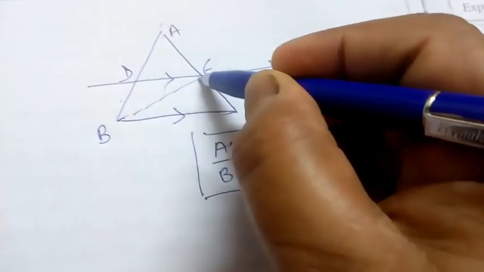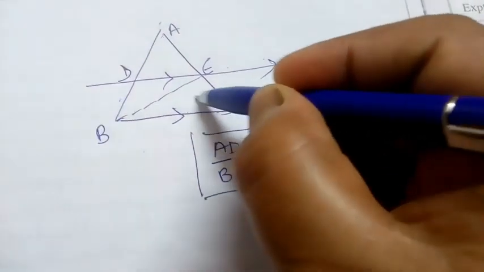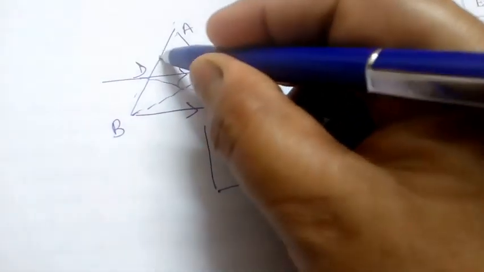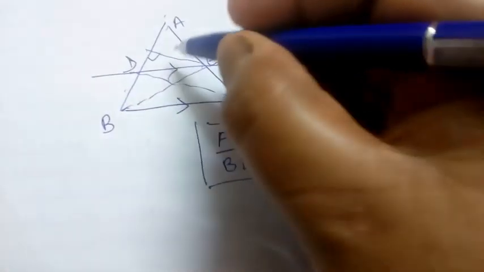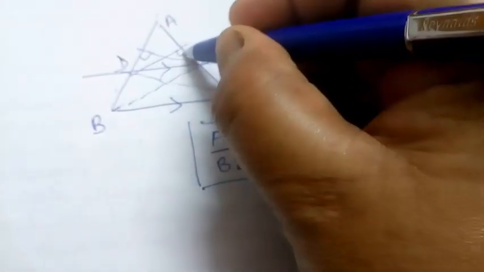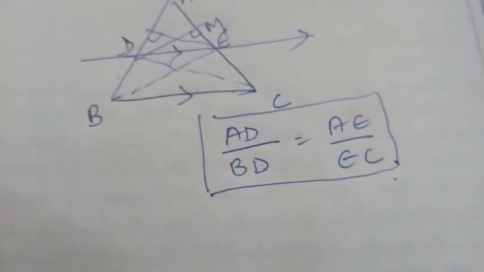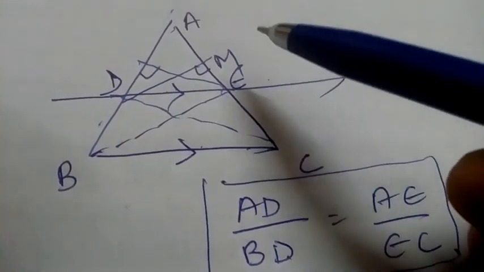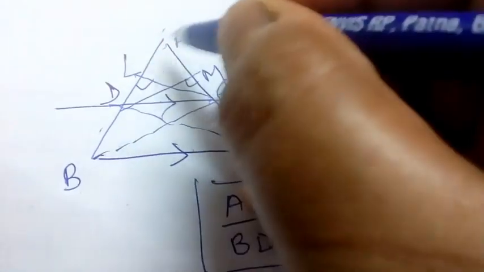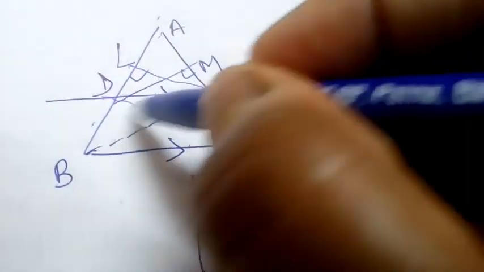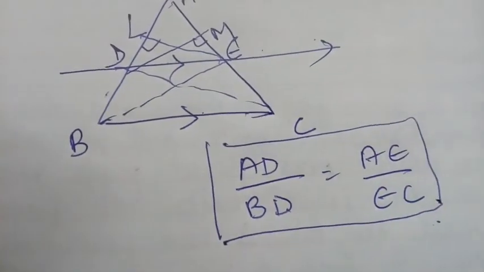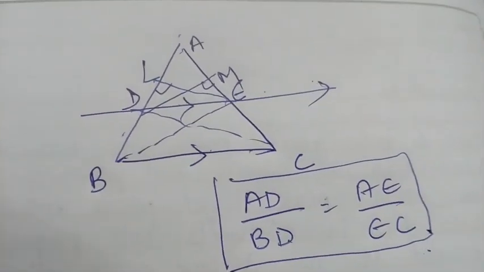Join BE and CD and draw perpendiculars EL on AB and DM on AC. EL perpendicular on AB and DM perpendicular on AC. This is the construction.